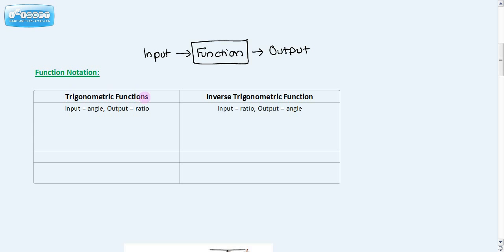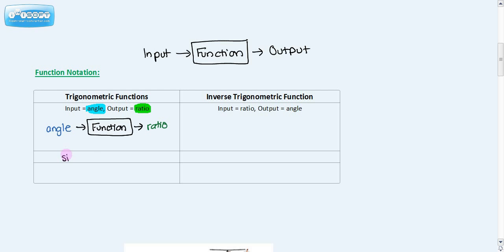Now when we deal with trigonometric functions, our inputs are our angles and our outputs are our ratios. So what that means is that when I put an angle into a specific trigonometric function, such as sine or cos or tangent, it should give me out a ratio. So let's do an example.